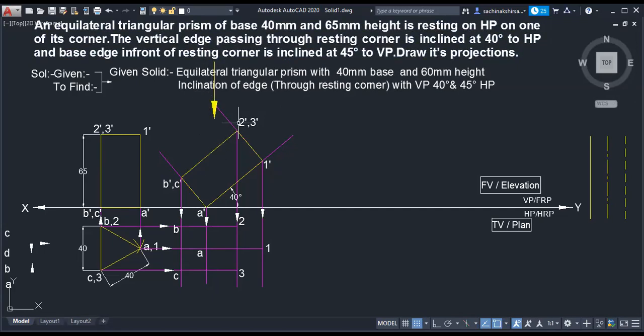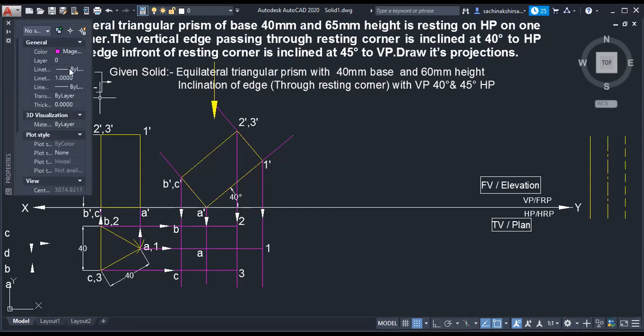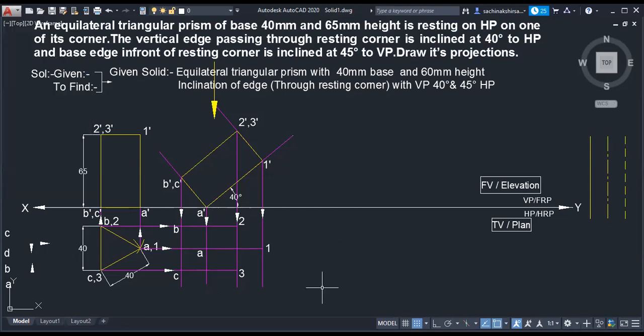So the point most away from the observer is A dash. Means how many edges are passing through point A dash? 3. Which are they? A B, A C, and A 1. Those edges will be dark or dotted? Dotted. So we have to draw them dotted.